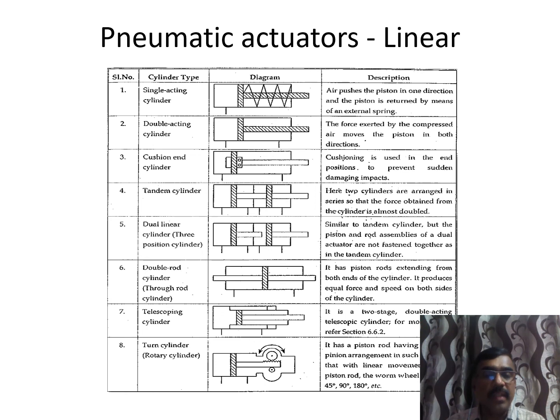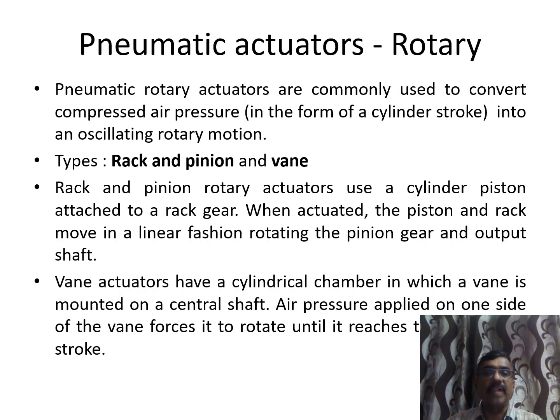Then the cylinders with rotary actuators, this is given as a rotary actuator. Pneumatic rotary actuator cylinders are of the rack and pinion and vane types. The rack and pinion actuator uses a cylinder piston attached to a rack here. When actuated, the piston rack moves in a linear fashion, rotating the pinion gear's output shaft.